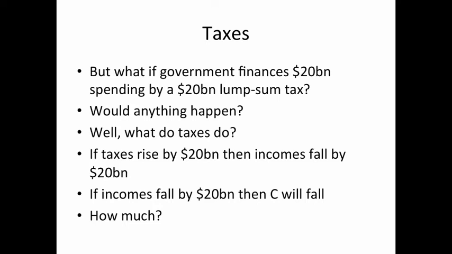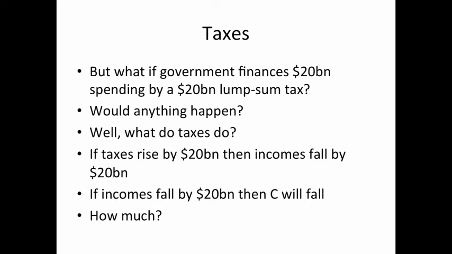So incomes across the United States are going to fall by that $20 billion. The government's taking a bit of tax away from everybody through income tax. Collectively, that generates $20 billion in tax revenues to the government. So income in the United States is falling by $20 billion.